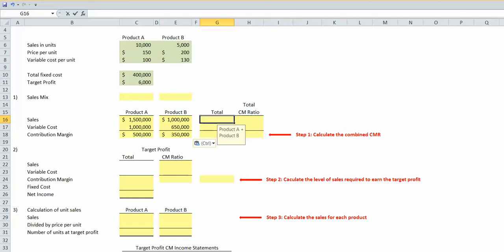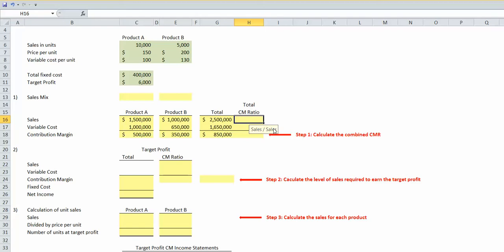We need to calculate the combined total for our company, which is product A plus product B. We've got 2.5 million in sales, 1.65 million in variable cost, and a contribution margin of 2.5 million minus the 1,650,000, or $850,000.